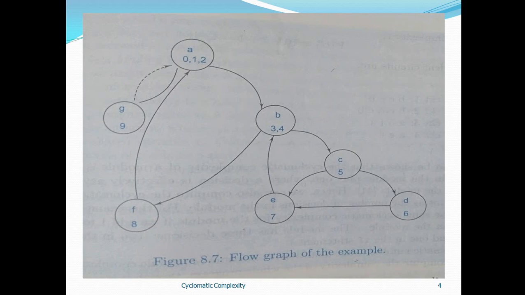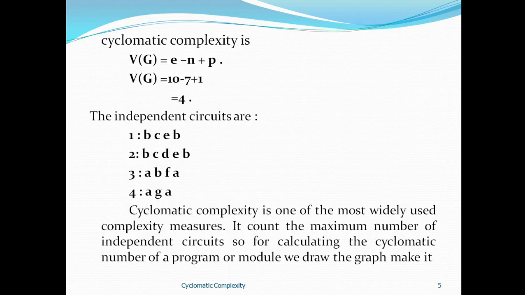The F node line is passed to the A node. So this is an independent circuit, A, B, F, A, which is written in the third line.